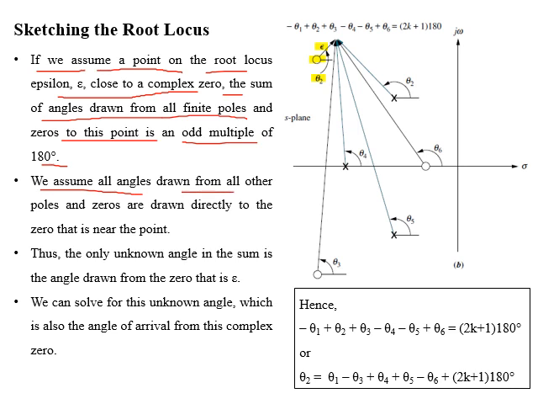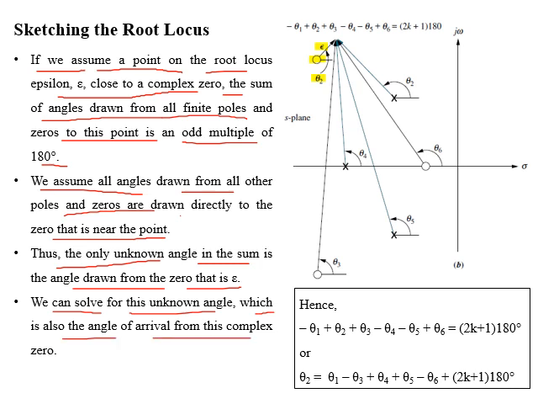Students, here we assume that all the angles drawn from all other poles and zeros are directly to the zero which is near to epsilon. Thus, the only unknown angle in the sum will be the angle drawn from the zero to epsilon. So we can solve the relation for the unknown angle and we will get our desired angle of arrival for the complex zero.